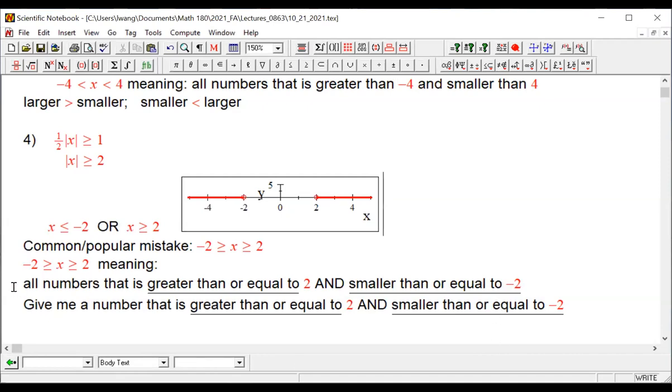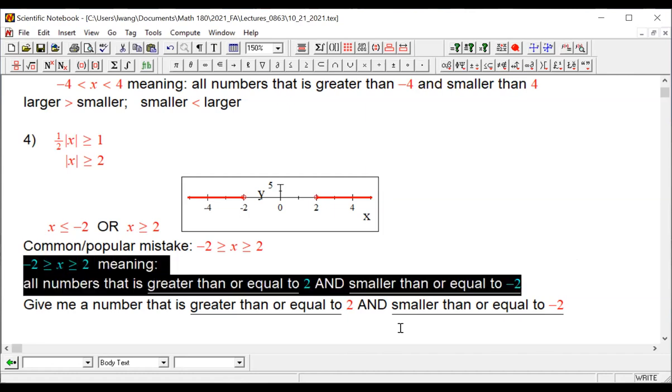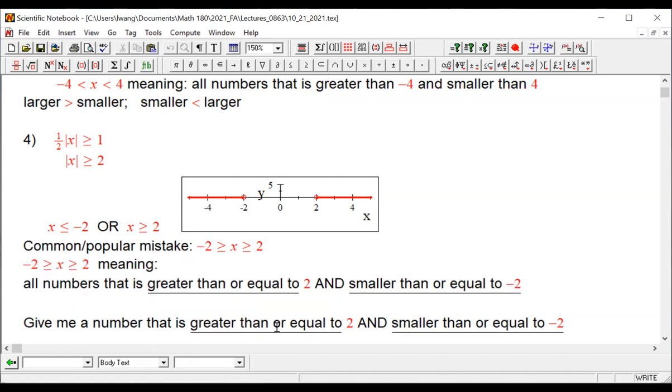You guys know what to do? That's the meaning. After you write it down, give me any number that is greater than or equal to 2 and smaller than or equal to -2. Anybody? Have you found a number like that?